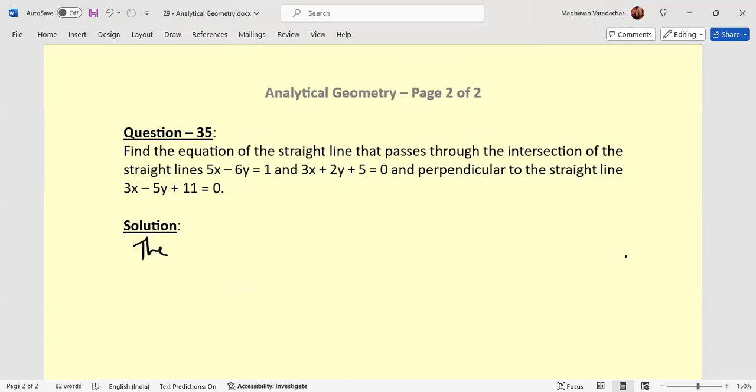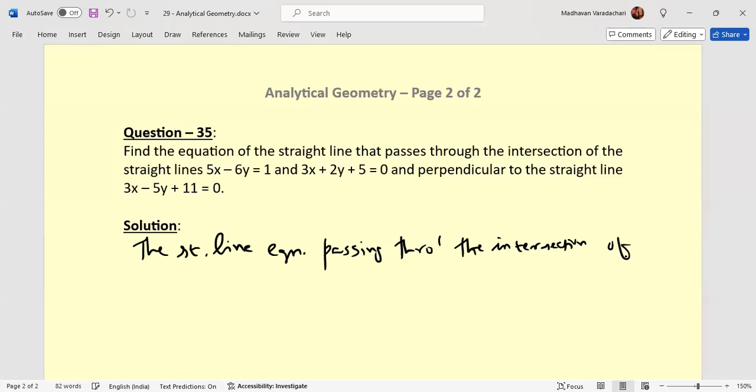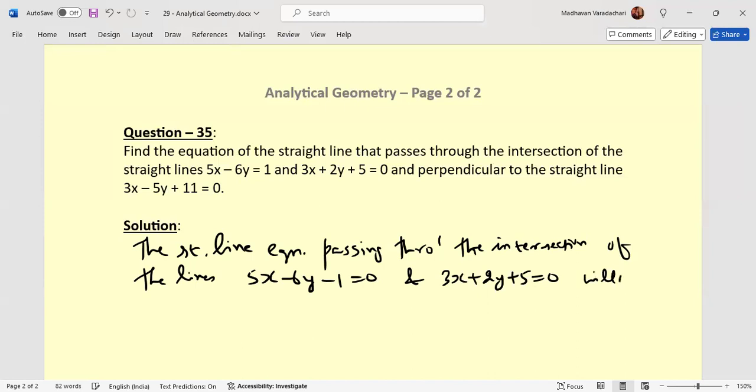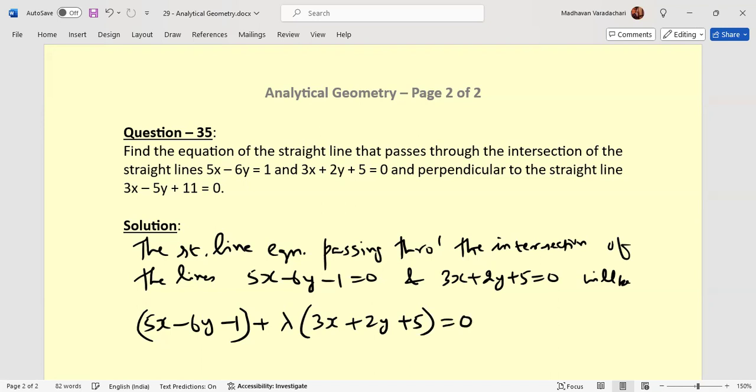So first of all, the straight line equation passing through the intersection of the lines 5x minus 6y minus 1 equal to 0, I'm just bringing this 1 to the left-hand side, and 3x plus 2y plus 5 equal to 0 will be 5x minus 6y minus 1 plus lambda times 3x plus 2y plus 5 equal to 0.